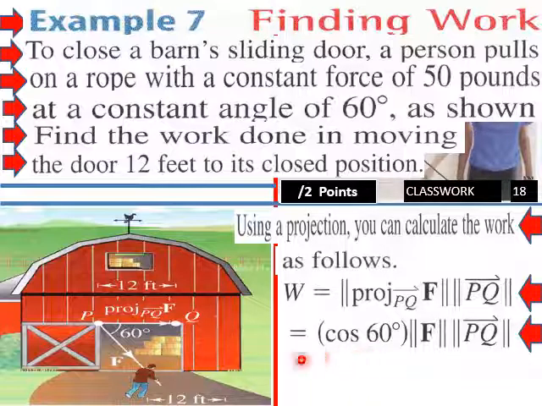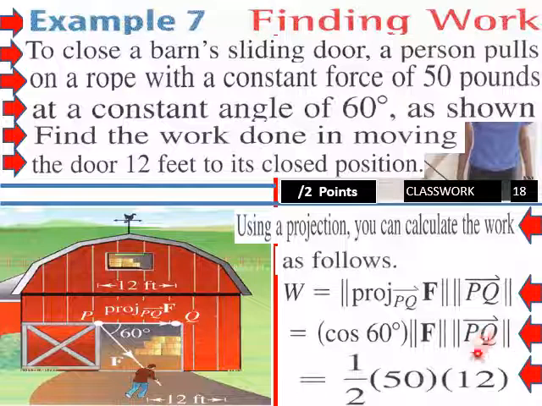Cosine 60 degrees multiplied by the force multiplied by the magnitude of the line of motion PQ. When we plug in our values, cosine of 60 is 1/2, times 50 pounds for our force, and our length is 12. So we have 1/2 times 50 times 12, and we're going to find the work done in moving.